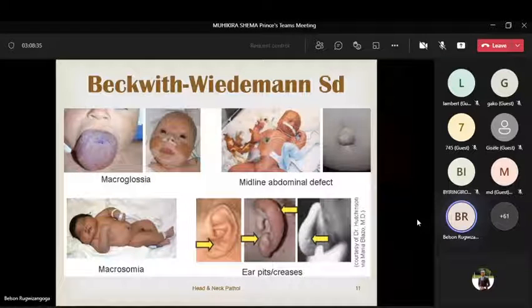There is another one called Beckwith-Wiedemann syndrome. They have a macroglossia, a large tongue, midline abdominal defects.